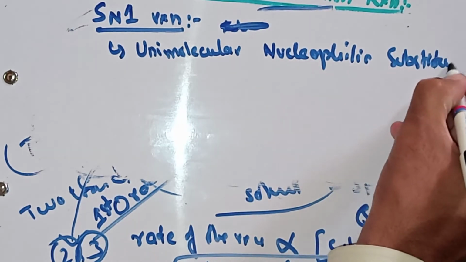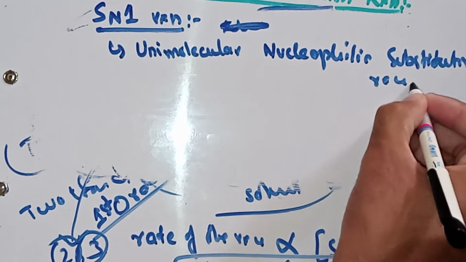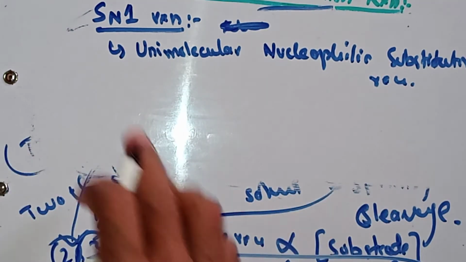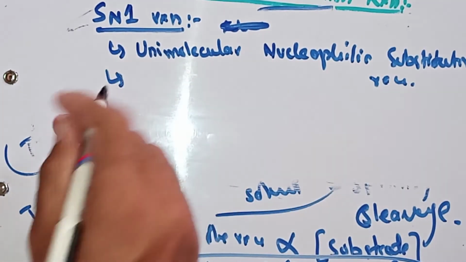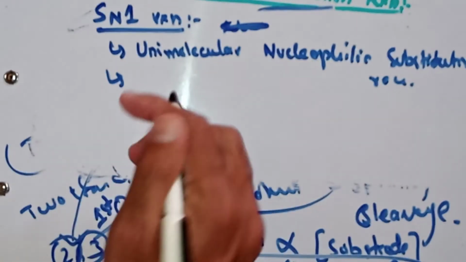N stands for nucleophilic, while S is used for substitution, and 1 stands for unimolecular. This is called the Sn1 reaction, in short, the unimolecular nucleophilic substitution reaction. Now the characteristics or properties of the Sn1 reaction.